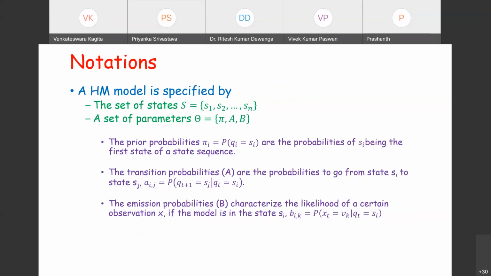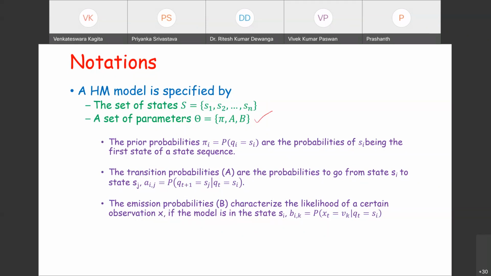The prior probability is the probability of Si being the first state of the sequence. Transition probability is going from state Si to state Sj. Going from sunny to cloudy or cloudy to rainy or rainy to sunny, sunny to rainy, all those possibilities. And what is emission probability? Probability of a particular observation given a state. Probability of xt given qt. So a hidden Markov model can be specified with a set of states and these parameters phi, A and B.